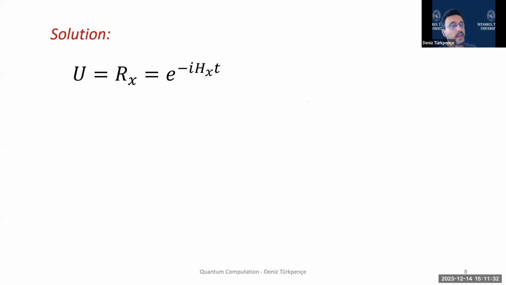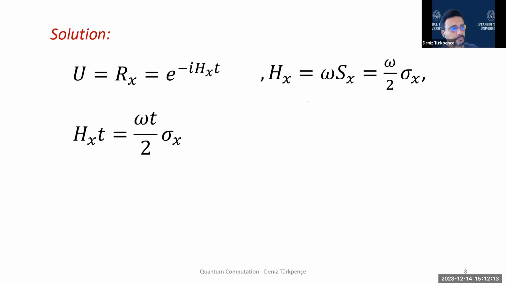First, we should understand that all rotations in the Bloch sphere can be achieved by Hamiltonians. Okay, so the X rotation can be achieved by an Hx Hamiltonian with a corresponding time t. So this Hx rotation Hamiltonian can be written in terms of omega Sx, and inside, Sx we know is 1 divided by 2 multiplied by sigma x, where sigma x is the Pauli X operator.